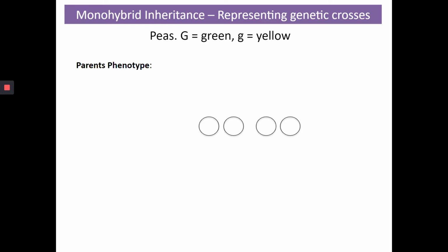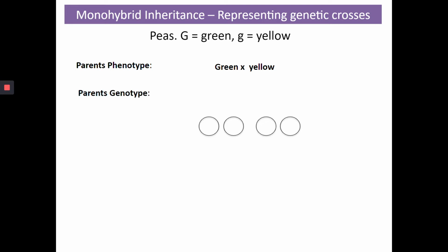So once we decide what characteristic, here the trait or the single characteristic inheritance that we are studying is color of the seeds. So let's take the parents' phenotype. We already know that one parent has green seeds and the other has yellow seeds, and they are pure, so that means they must be homozygous.